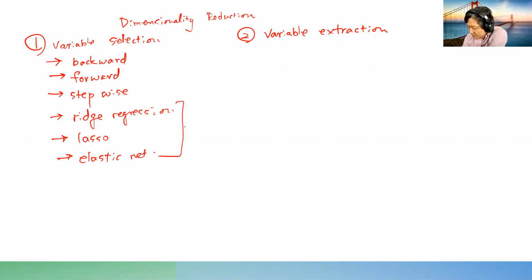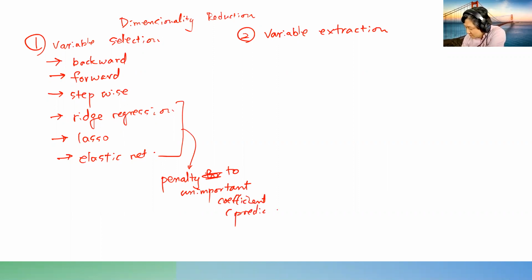These regressions actually give some penalty to unimportant predictors' coefficients. Okay, so these are more advanced approaches. We will not talk about these approaches in this class.